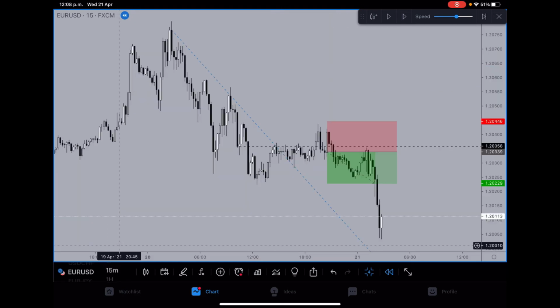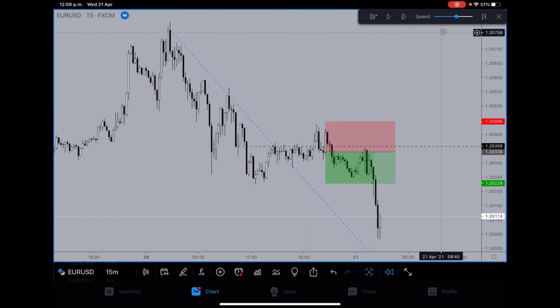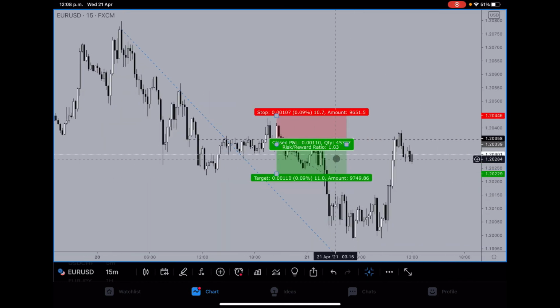Looking at it right now, I probably wouldn't take this trade based on that same criteria, that we're probably going to move to the 50% of this wave, but it ended up being a nice move, so it is what it is.